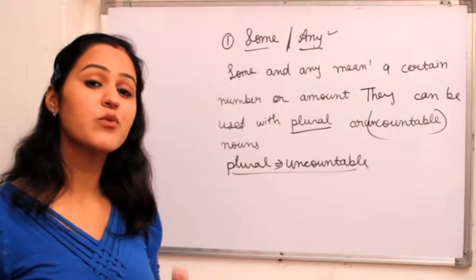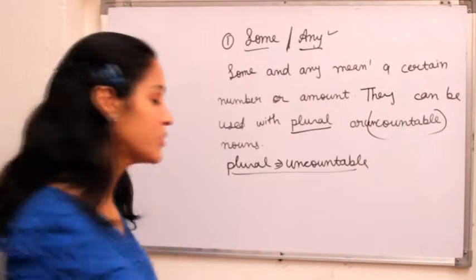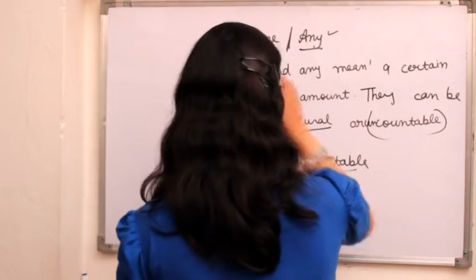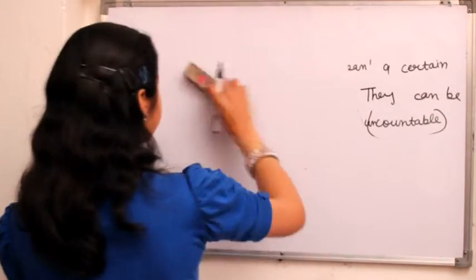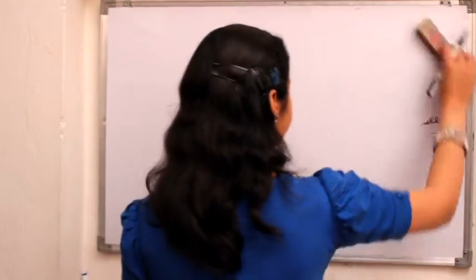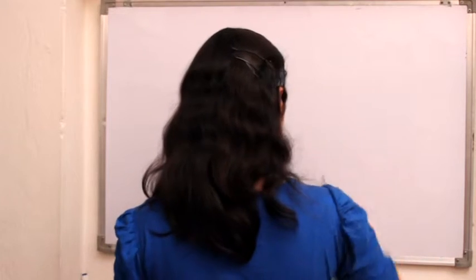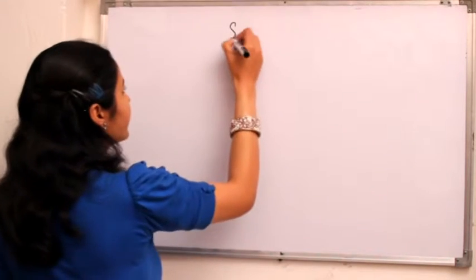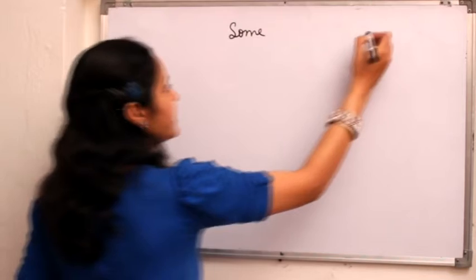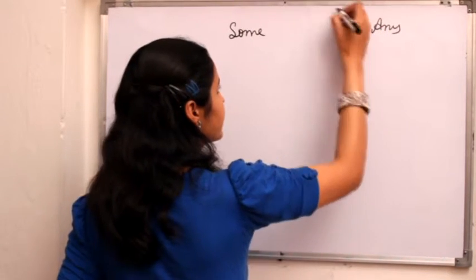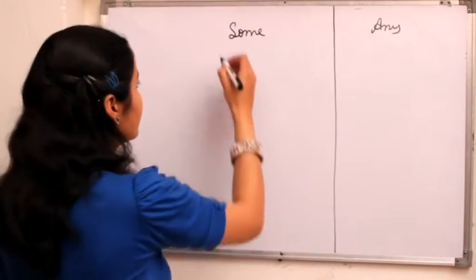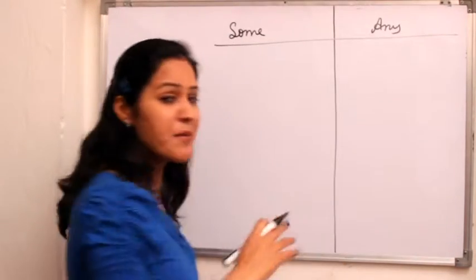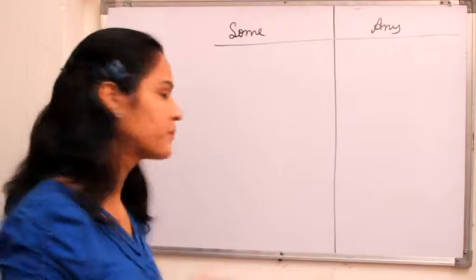Now I explain to you with some examples. Here I write about some and any. So look at this table where we can use some and where any.